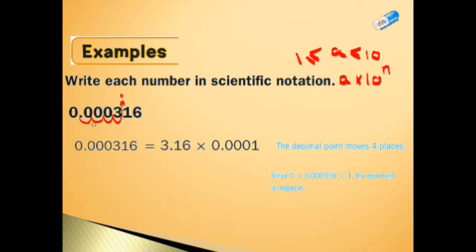And since the original number, the standard form of it, is less than 1, because this is a very small number, this means that the power of the 10, the n, will be a negative integer. So where do I put the negative 4? I will put it above that 10. So the scientific notation of this number is 3.16 times 10 power negative 4. And again, why negative? Because the original number, the standard form, was less than 1.